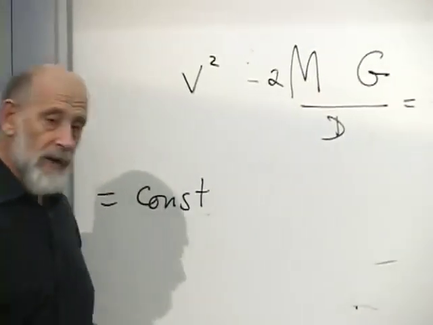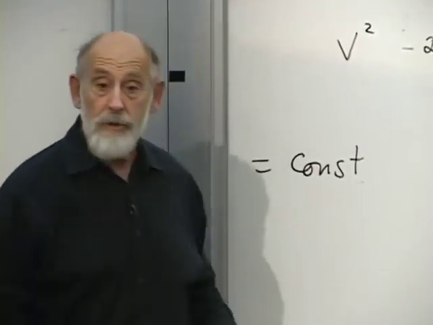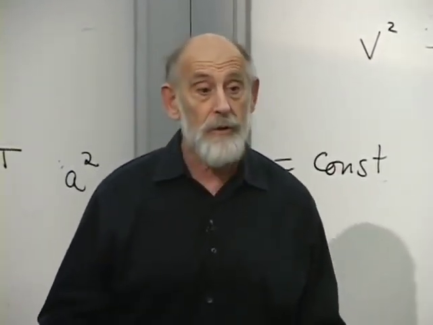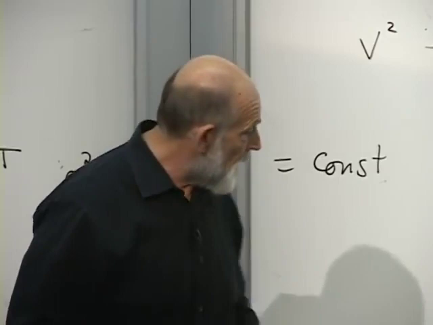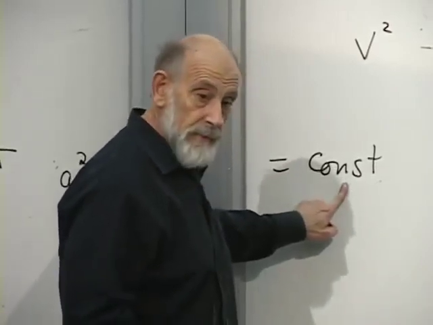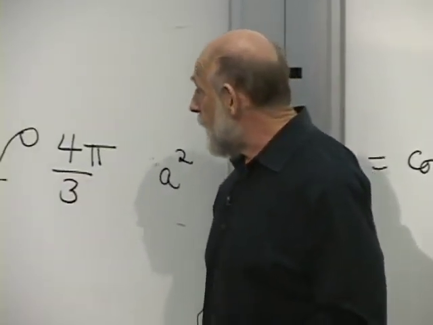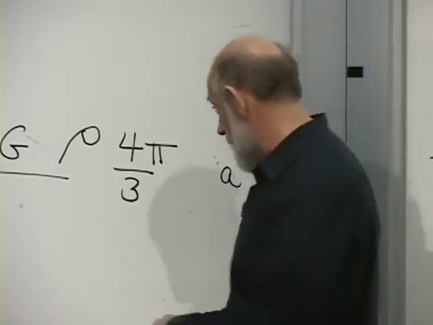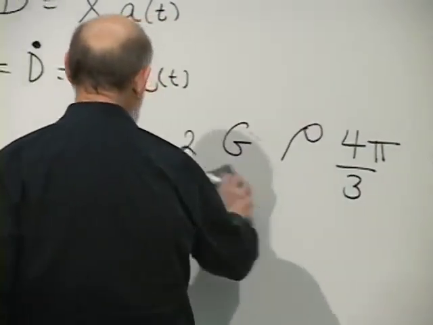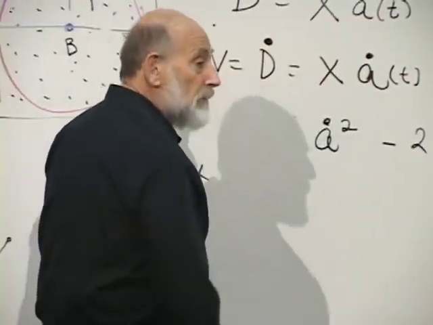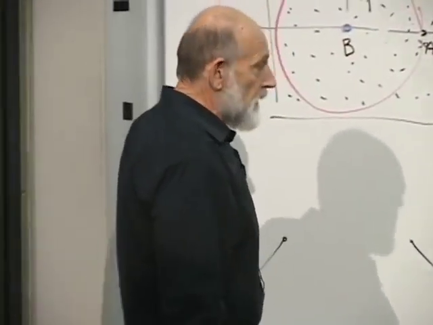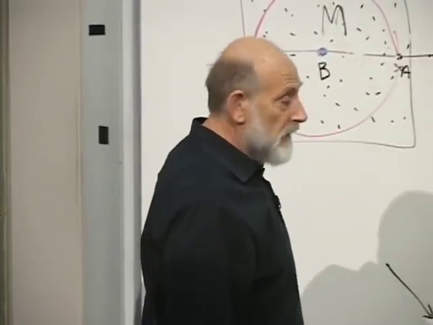And notice what you have, and this constant now is a constant both with respect to space and time, what goes over here. Okay, now we have something interesting. We have an equation which doesn't depend on which galaxy we started with, and which galaxy we're talking about.